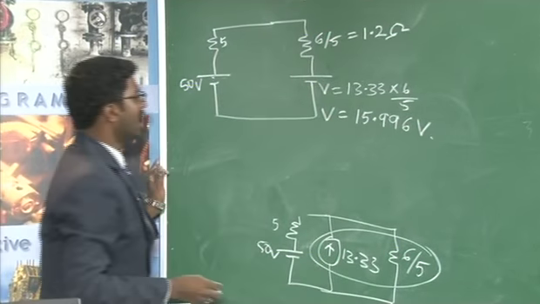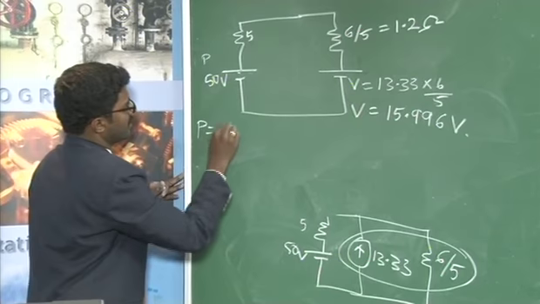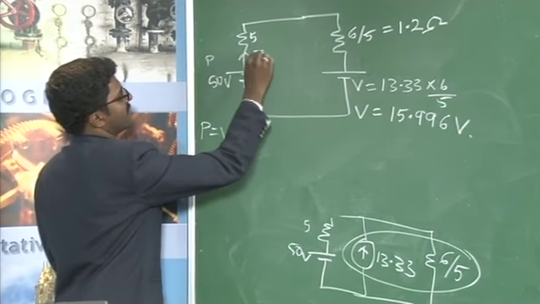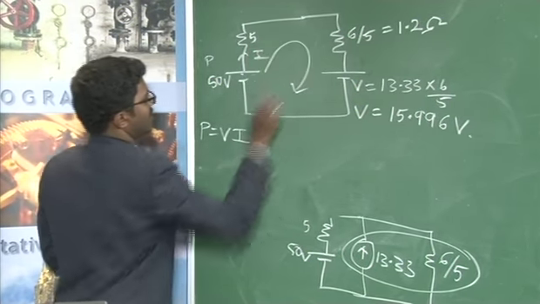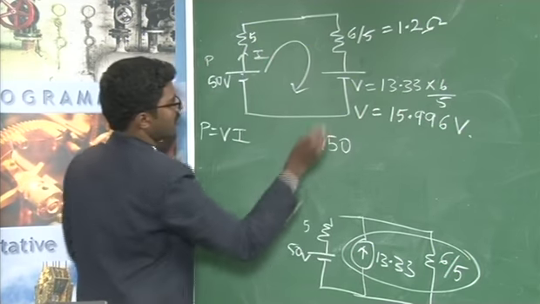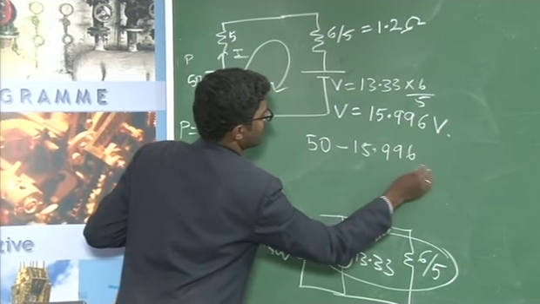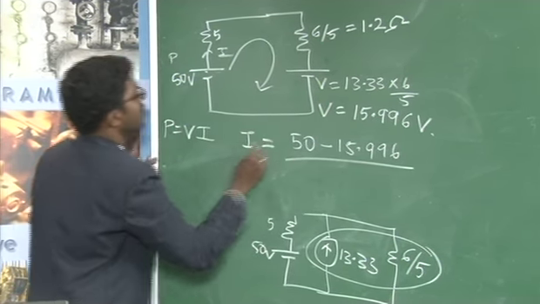15.996 volt. Our question is to find the power delivered. P is equal to V into I. I need to find the current flowing here. So if you apply KVL here, 50, and one more voltage source here is minus 15.996, divided by the resistance.